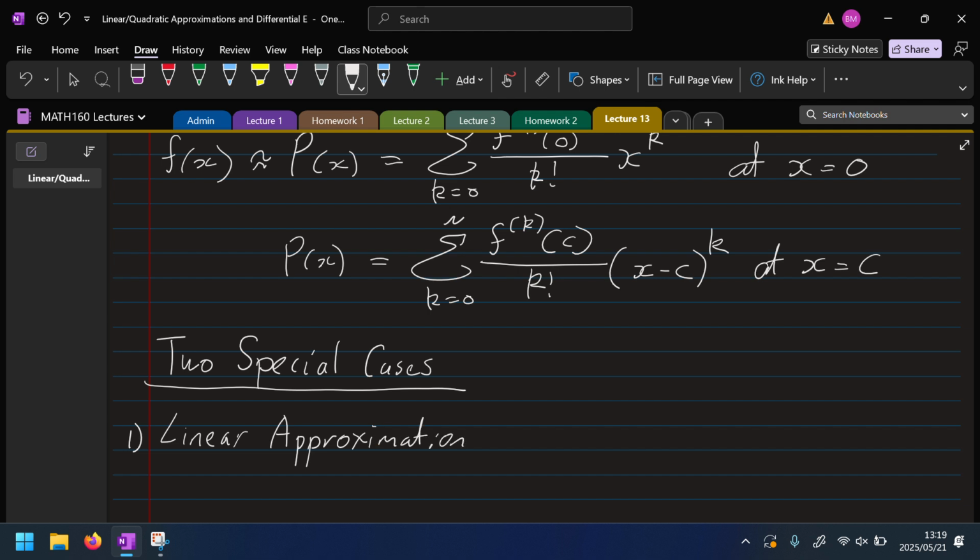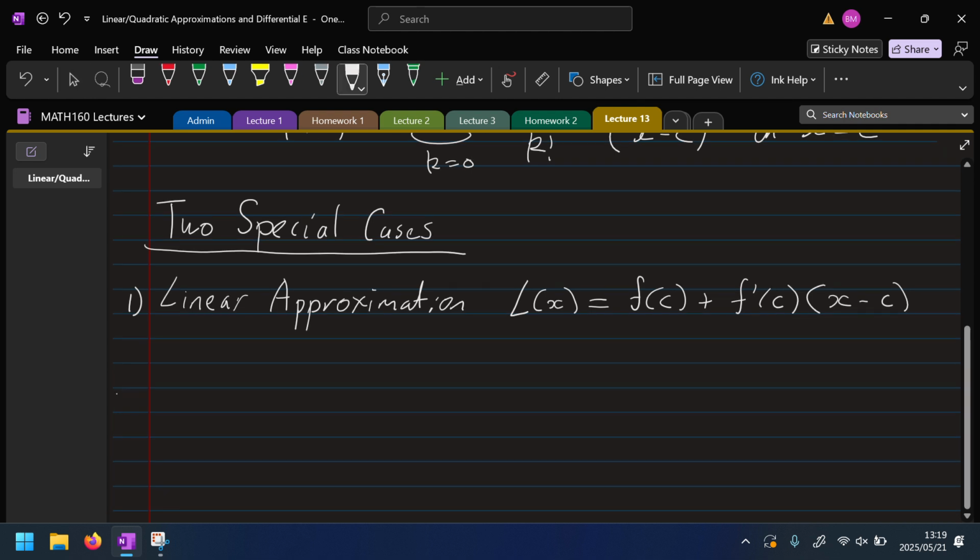For this special case, we don't call it P, we give it the special name L for linear. So this will be L of x instead of the P that we use for the general case. And this will be f at c plus f prime at c, x minus c. So we only go up to k equals 1 instead of k equals n.